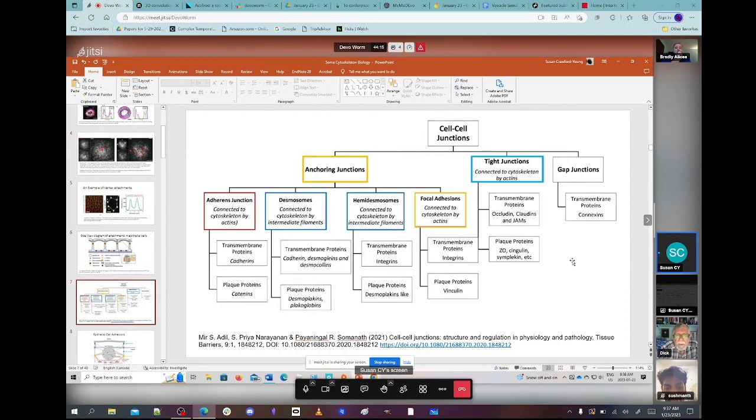Which kind of junction is involved in axolotl neural plate? In other words, the ones for which we found the cell state splitters. I haven't thought about that, but my guess is there's some tight junctions and some anchoring junctions there.